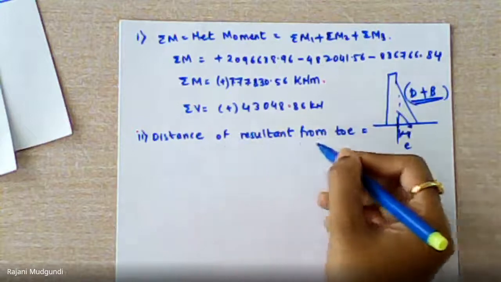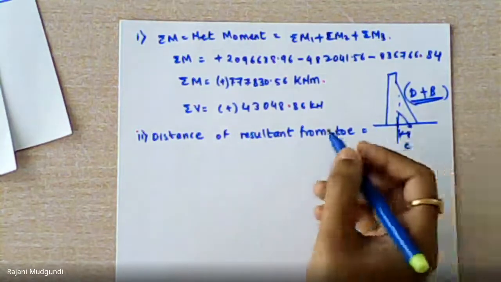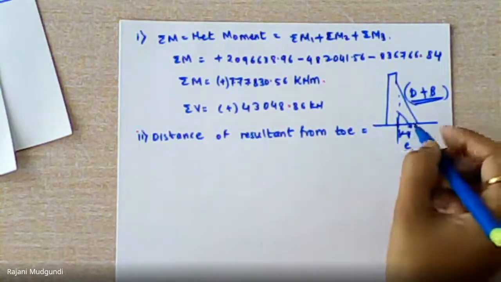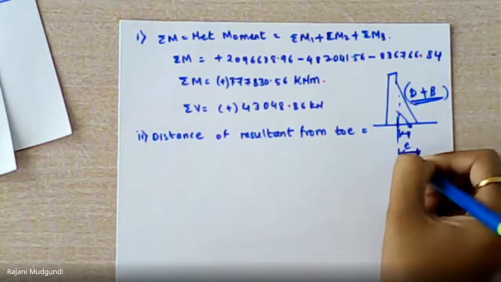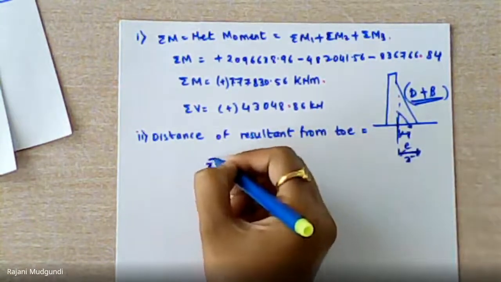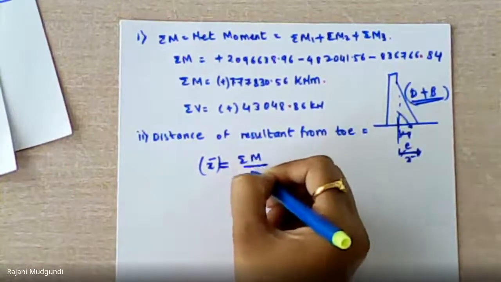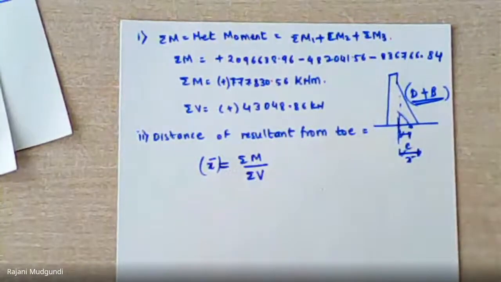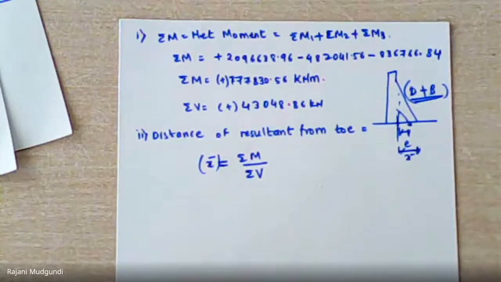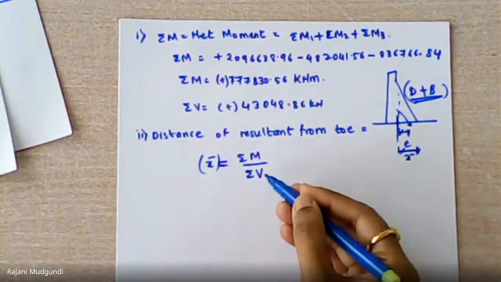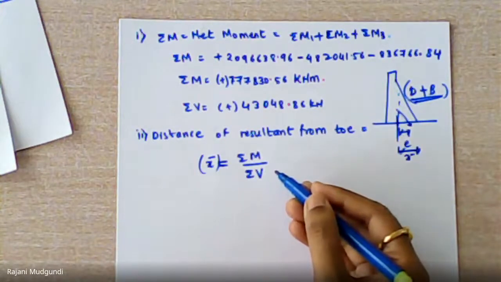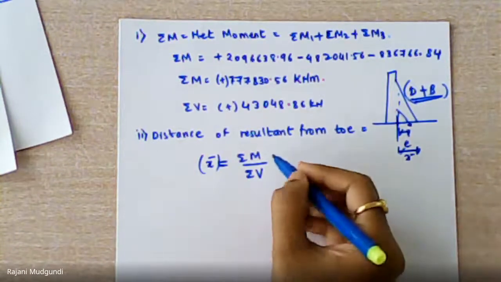So the distance of the resultant from the toe, that is x bar, will be equal to summation M by summation V. So moment divided by vertical force, kilonewton meter divided by kilonewton, you will get the distance in meter.